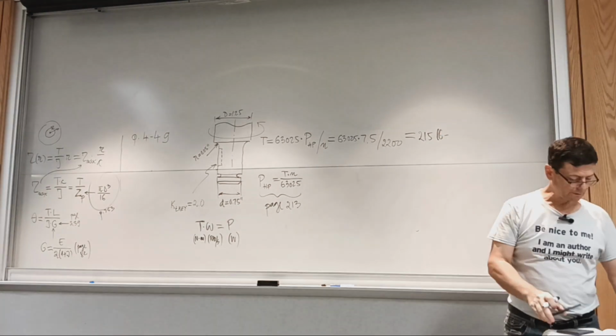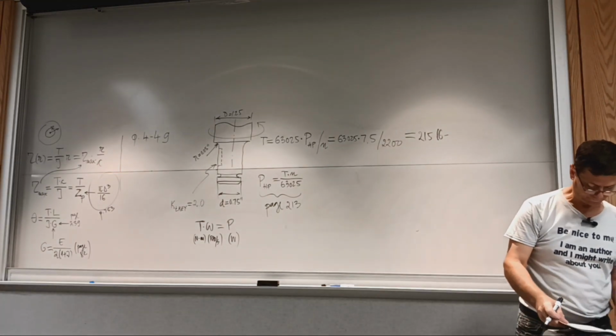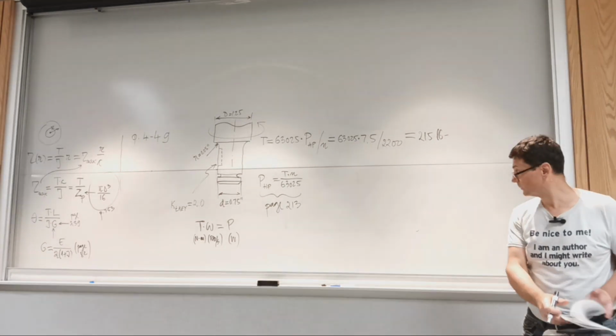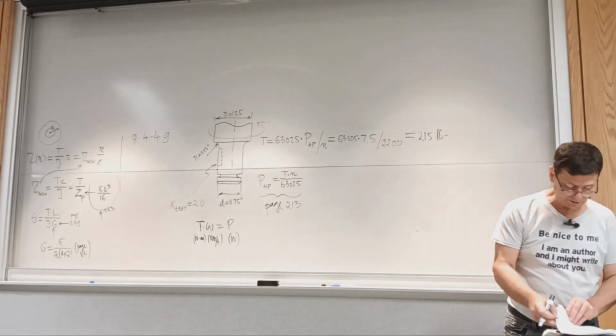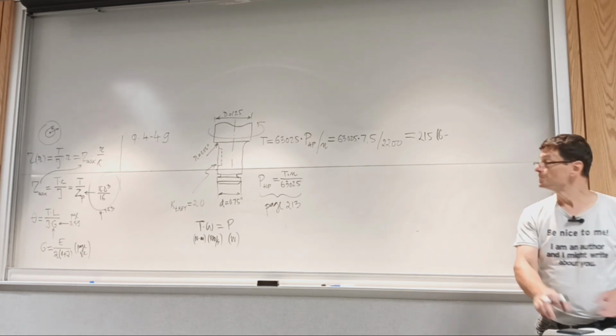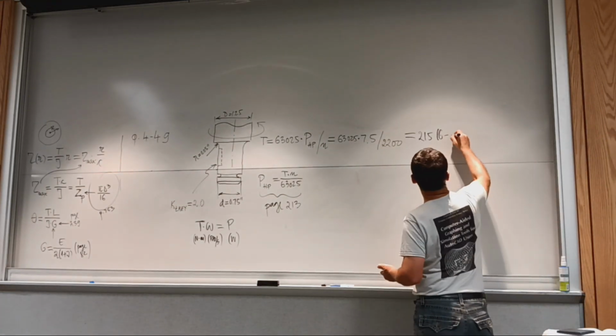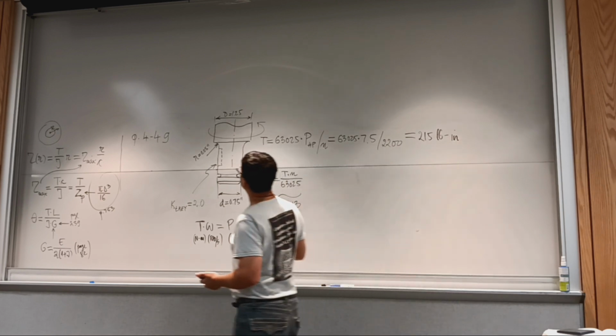Yeah, we need to make sure the units match. So I think it's pound-foot. Was it problem page 213? I said. So pound. No, it's pound-inch. Pound-inch on pound-foot. So pound-inch. And so yeah, we have a torque.